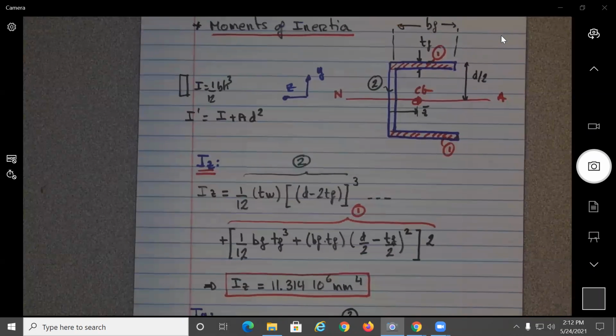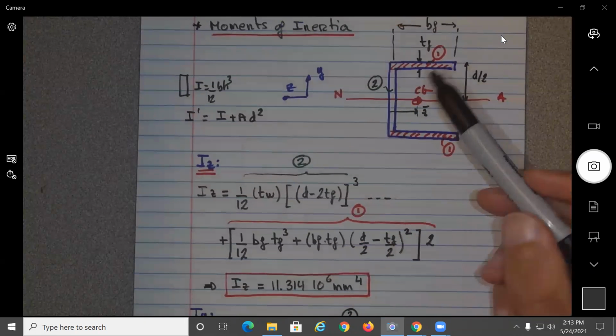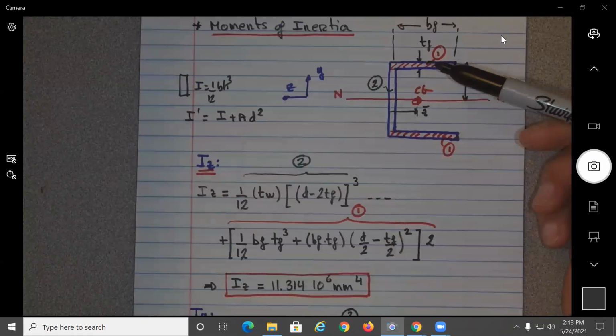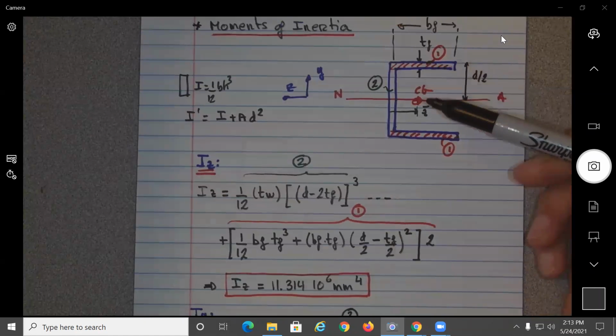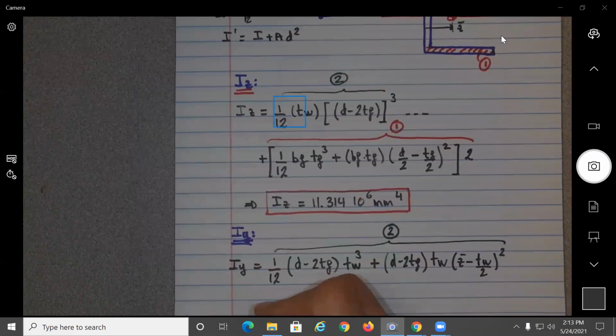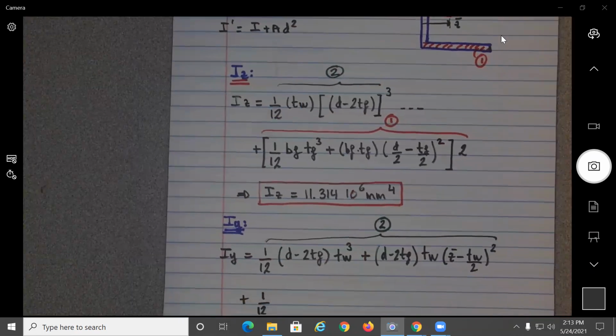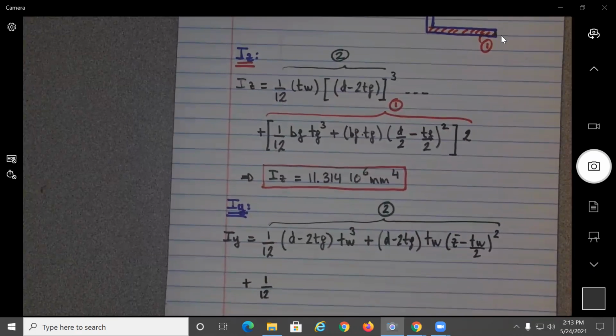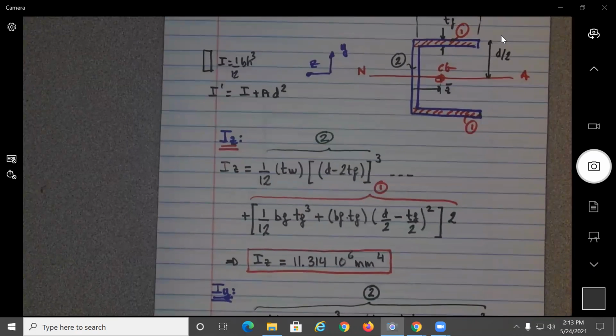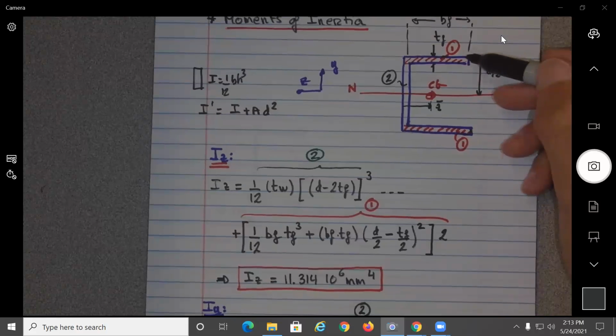Now we're going to do the same thing twice for 1. So we find what is the I Y about the center of these two cross sections. That would be equal to what? Plus 1/12, and probably we need to multiply this one by 2. So this time, what would be the base? It will be T flange.